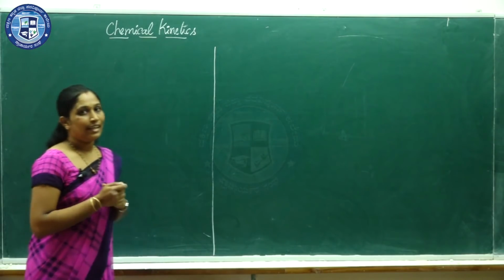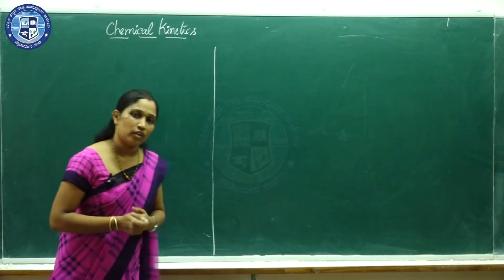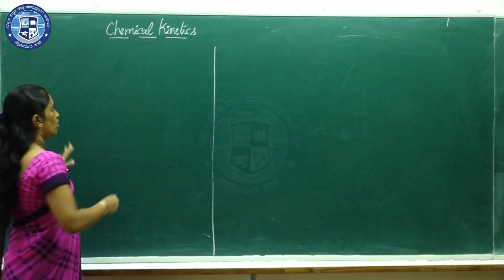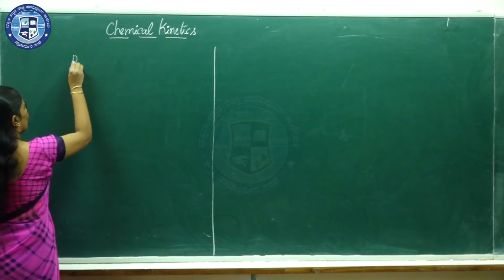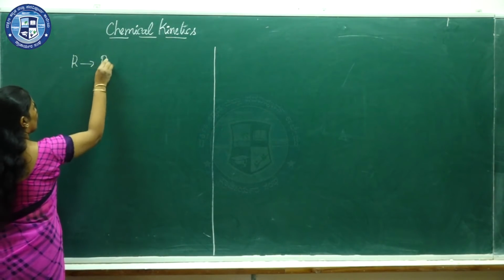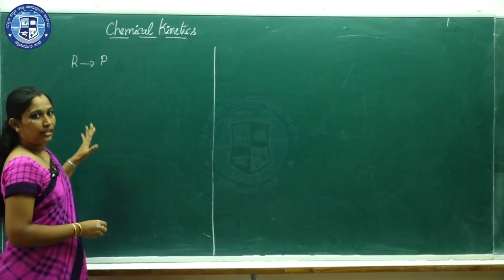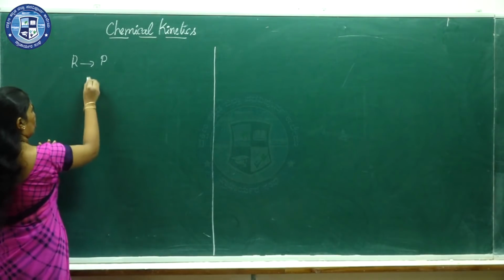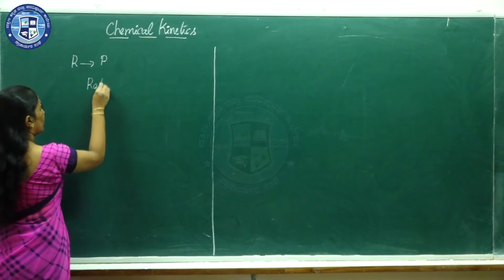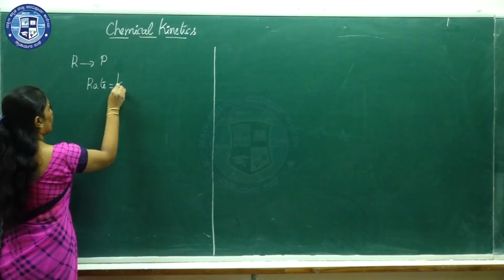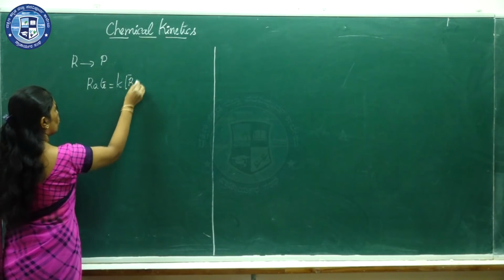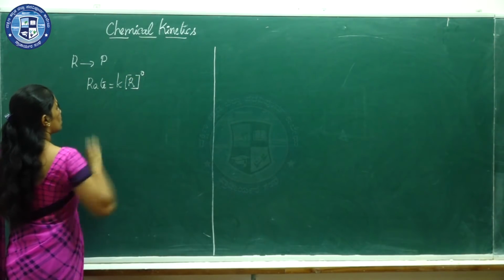Okay, so first let me tell you what is a zero order reaction. If you consider a simple reaction like this, R giving products. Now if you are asked to write the rate of this reaction, rate is equal to k into concentration of R to the power 0.